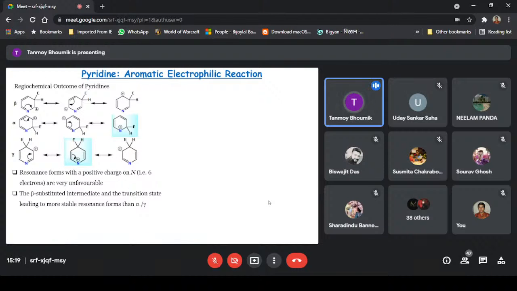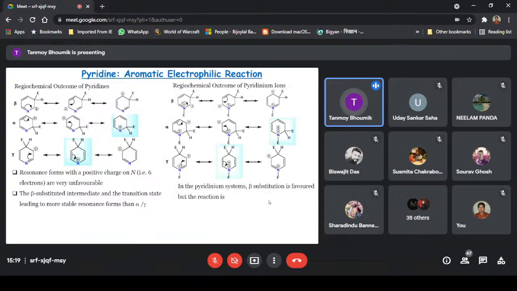Now we look at the ortho and para positions in the different substitutions. Resonance forms with the positive charge there are very unfavorable. The beta-substituted intermediate and transition state lead to a more stable resonance form than the alpha.